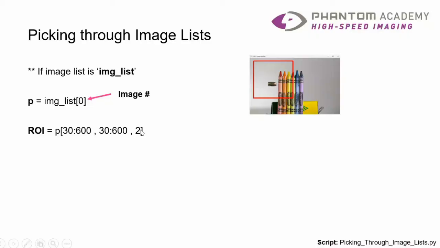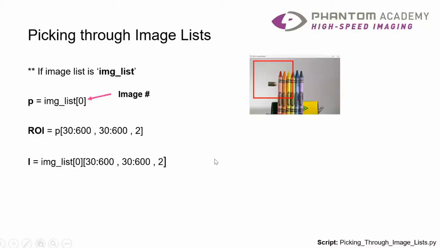There it goes. So you see we have now image list 0, which is your first image. And then in brackets to the right of that, you have the description of which rows, columns, and channels you want to be selected. Okay. So if I display that in Spyder, I'll see a region of interest pop up like that.